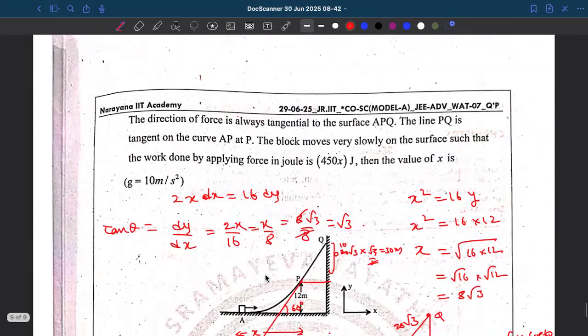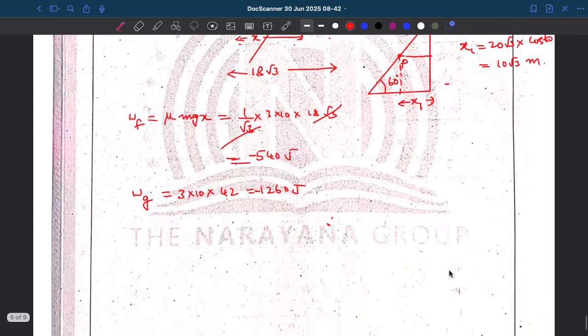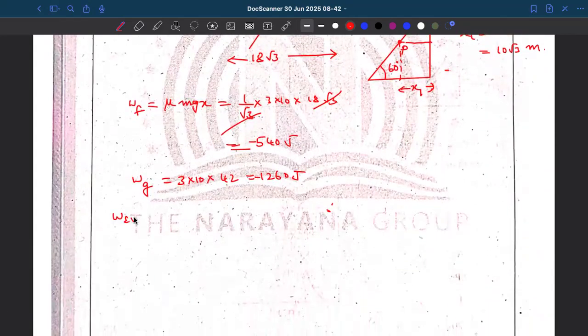అలా స్లోలీ అన్నావు నువ్వు. డోంట్ ఫర్గెట్ దట్. నువ్వు చేసింది ఏమీ లేదు అక్కడ. కైనెటిక్ ఎనర్జీ 0. సో నెట్ వర్క్ డన్. ఇక్కడ ఎవరెవరు వర్క్ చేశారు? ఎక్స్టర్నల్ ఏజెన్సీ నువ్వు, ఫ్రిక్షన్, గ్రావిటీ, ముగ్గురు చేశారు వర్క్. వర్క్ డన్ ఎక్స్టర్నల్ ఆన్సర్ ప్లస్ వర్క్ డన్ బై ఫ్రిక్షన్ మైనస్ 540 మైనస్ 1260. ఈ మొత్తం ఎంత? 1800.